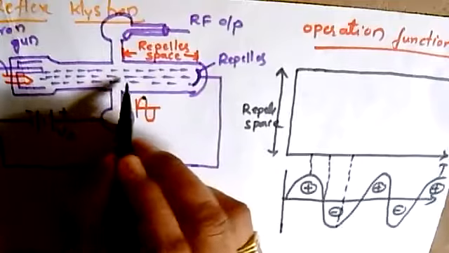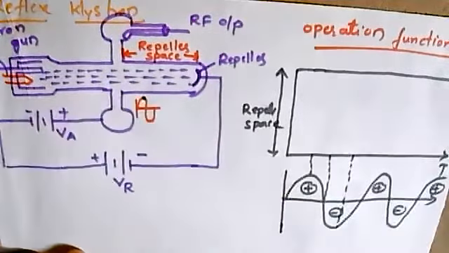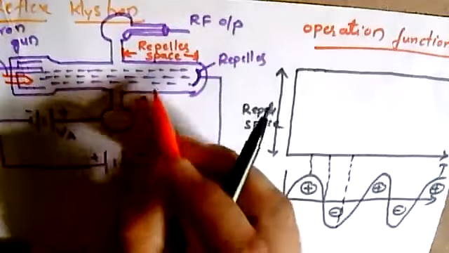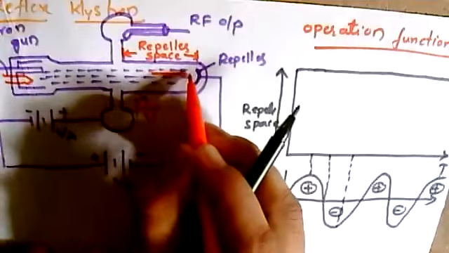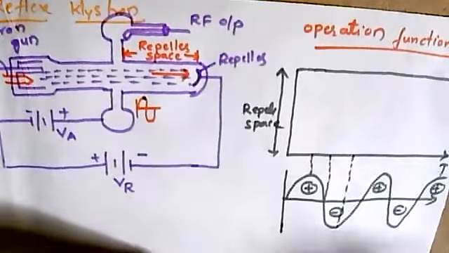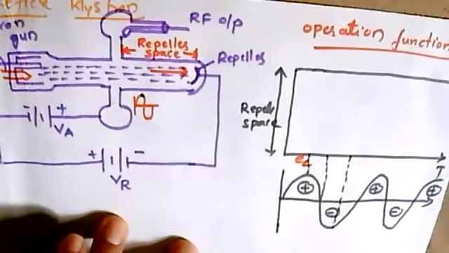They will be penetrating more into the repeller space, and such electrons are said to be early electrons. Here we can call this an early electron.